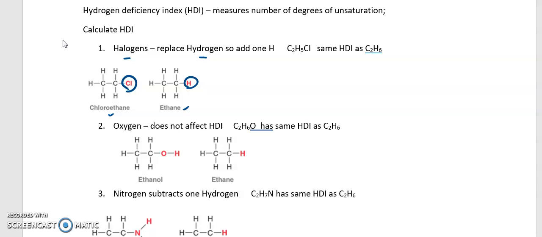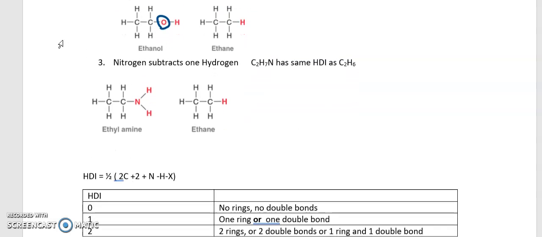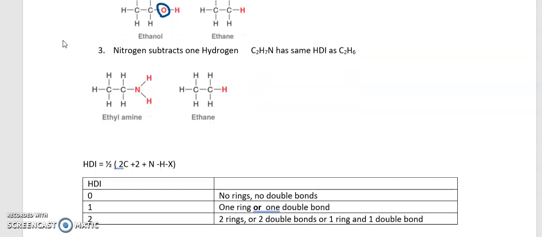Oxygen does not affect your hydrogen deficiency index. Okay, so ethanol has oxygen stuck in here, but we still have the same number of hydrogens. Nitrogen will subtract 1 hydrogen. So here we have ethylamine. If we stick a nitrogen in here, we get a nitrogen and 2 hydrogens, replacing the single hydrogen.